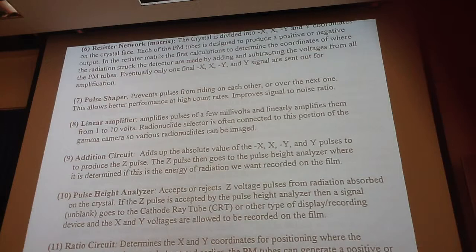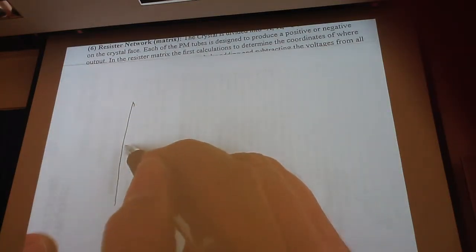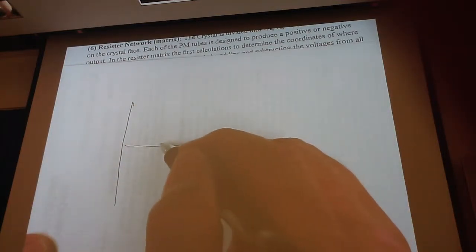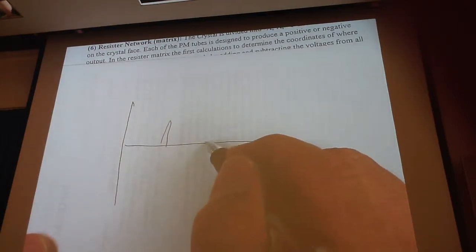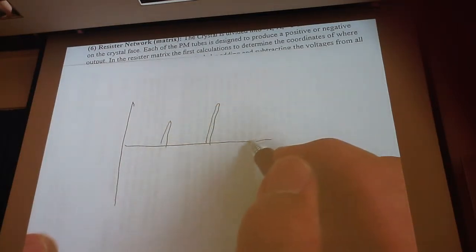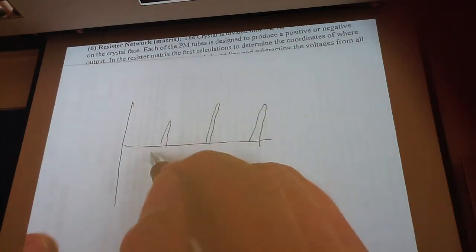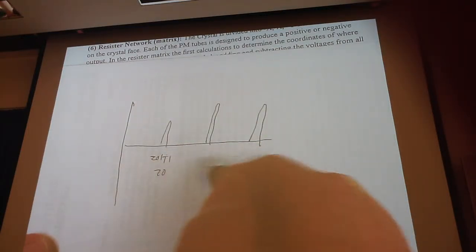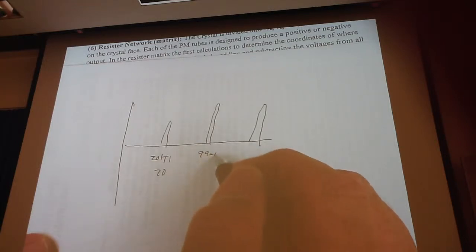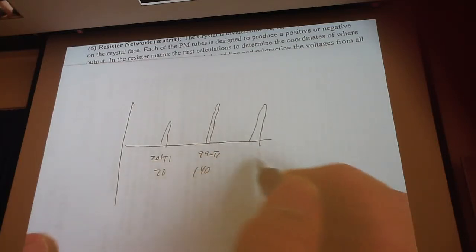Does that make sense? So in other words, here's our thallium-201 at 70, here's technetium-99m at 140, and here's indium-111 at 280.